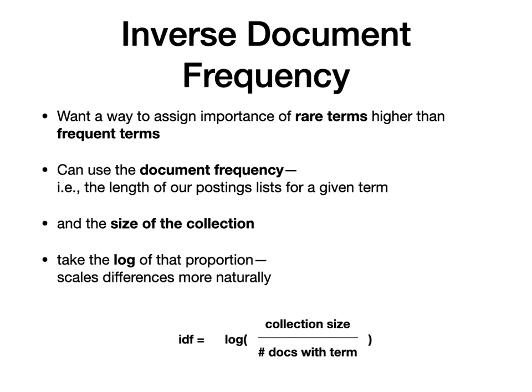So if this is a large collection, and this term shows up in very few documents, that's going to be a big value. If it shows up in all documents, that's going to be 10,000 over 10,000, which is almost no value at all.